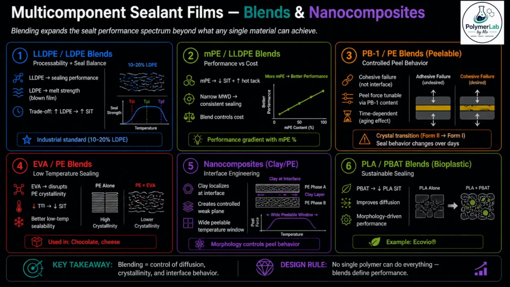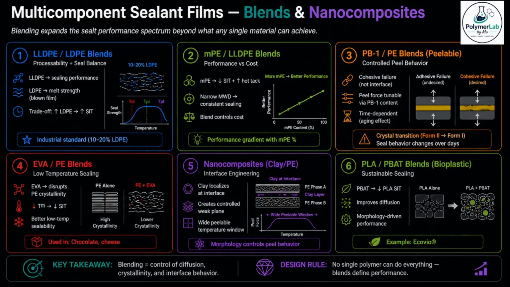Peelable seals are a fascinating application of polymer blend thermodynamics. Polybutene-1 blended with polyethylene or polypropylene creates a peelable seal through cohesive failure in the polybutene-1 phase rather than adhesive failure at the interface. The peel force can be tuned by the PB1 content and morphology.